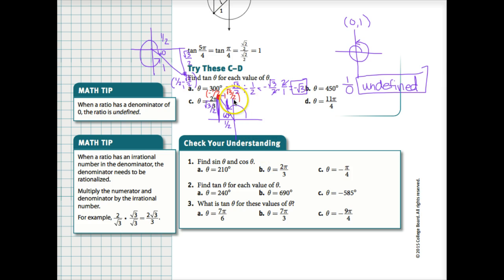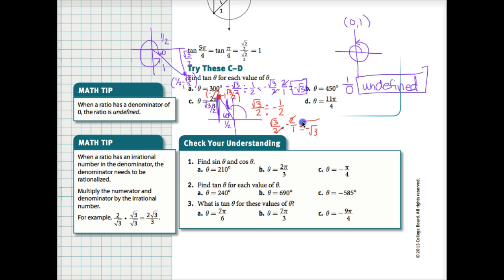So, again, sine divided by the cosine. If I look here, really, this is very similar to what I just did in A, except for the sign here on them. So I'm taking the sine value, which is radical 3 over 2, and I'm dividing it by negative 1/2. So when I do that, then I get radical 3 over 2 times negative 2 over 1, which gives me the exact same result.